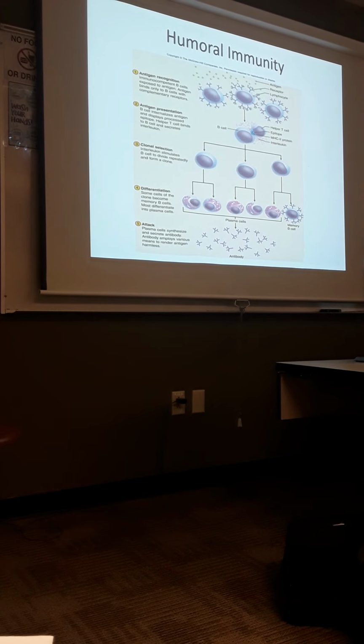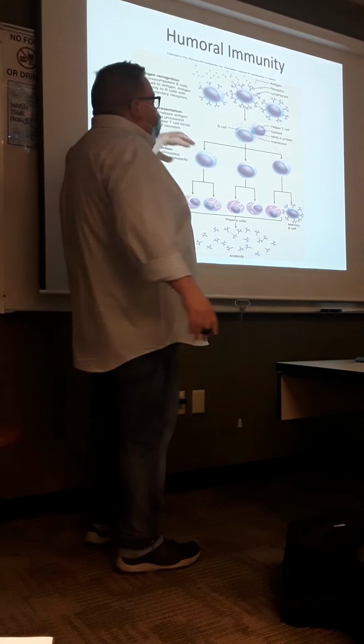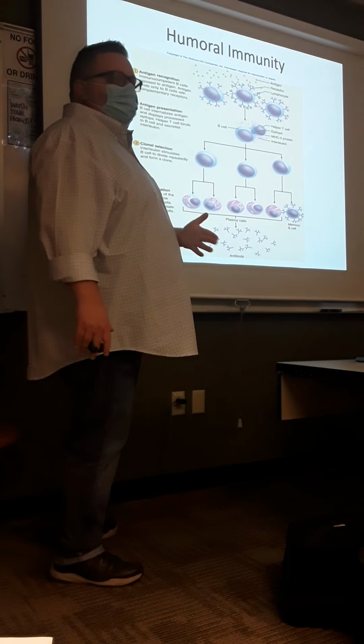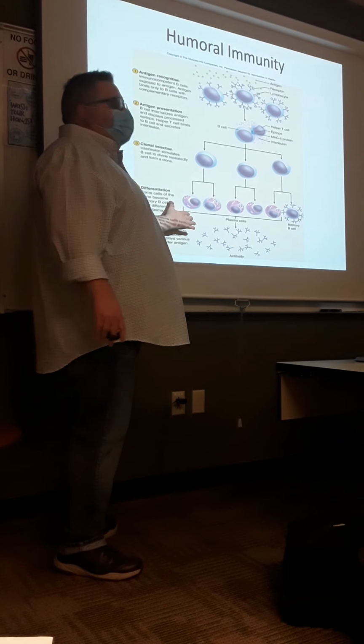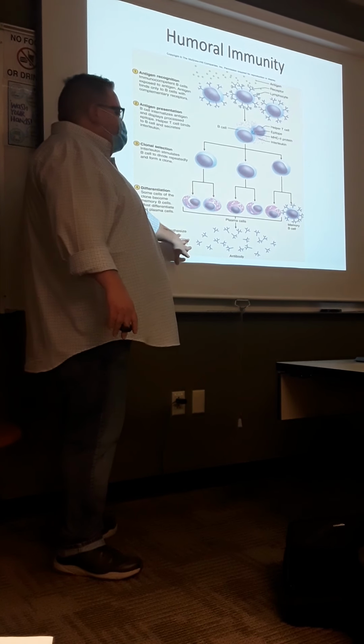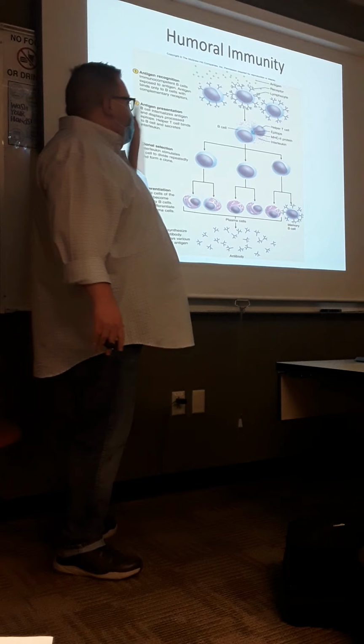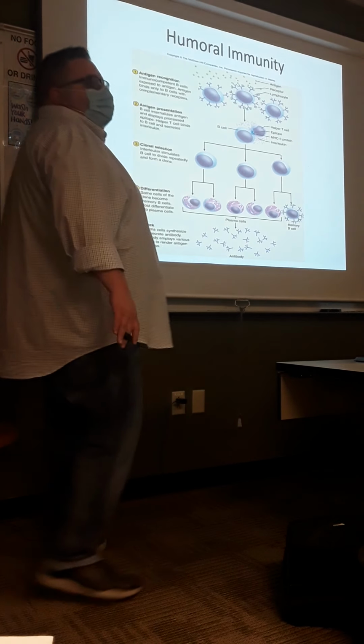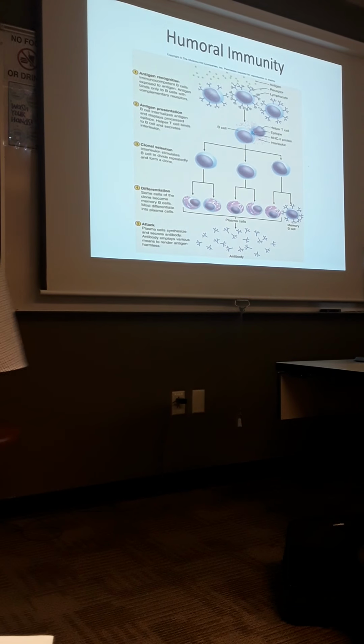So you're basically replicating the cells, you're multiplying them. Then, once you have multiplication of the cells, they're going to transform into different types of cells. The majority are going to become plasma cells. Plasma cells are antibody-producing cells. A small portion are going to become memory cells. And those memory cells are going to remember that antigen in the future.